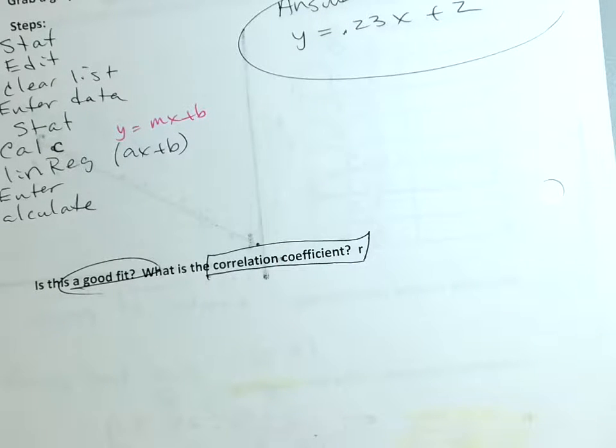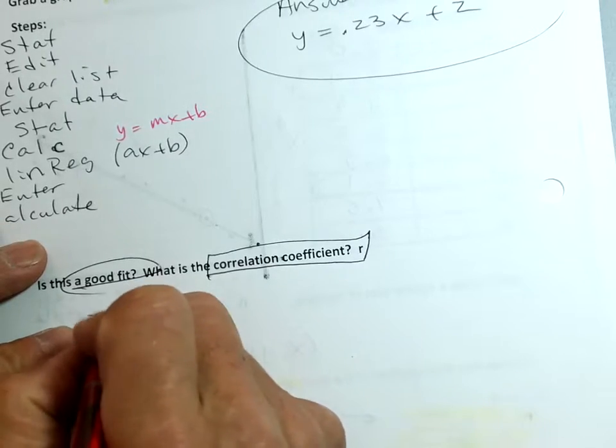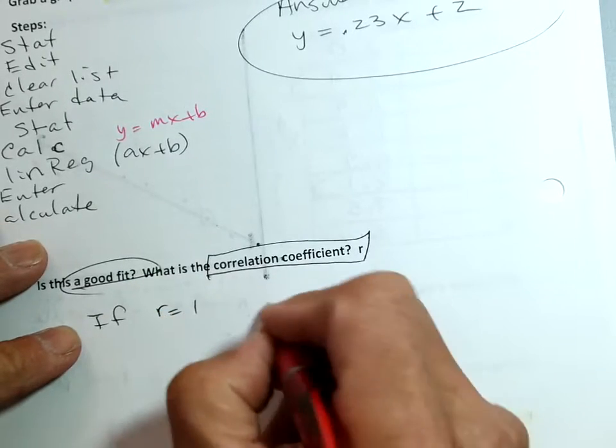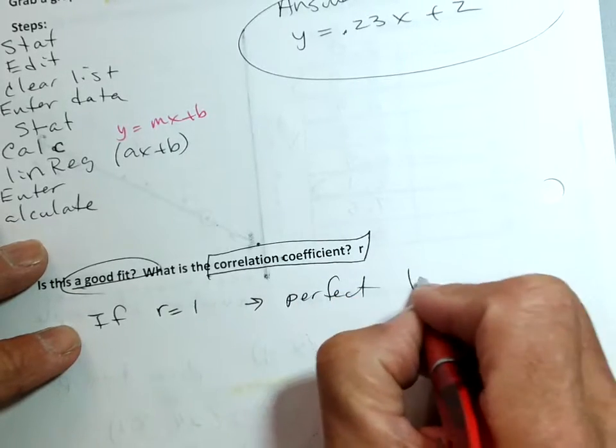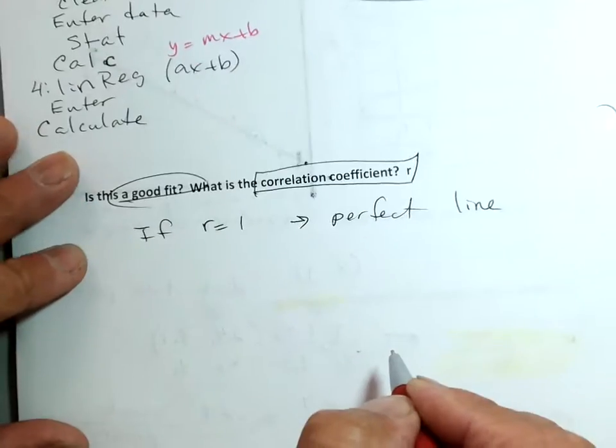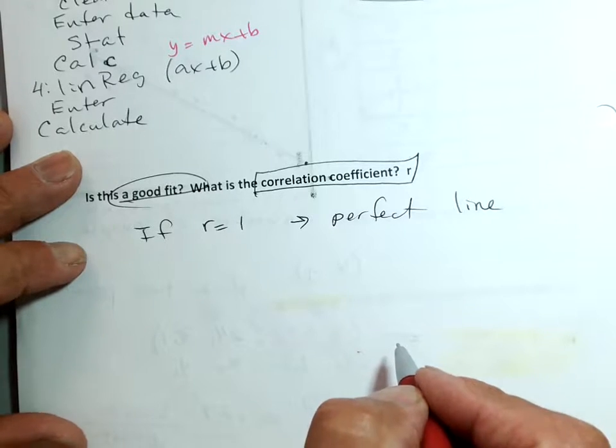Now, if we have a perfect line, 100% of the dots are on the line, then we'd have a correlation coefficient of 100, okay? So if r equals 1, it's a perfect line, okay? I'm going to show you.